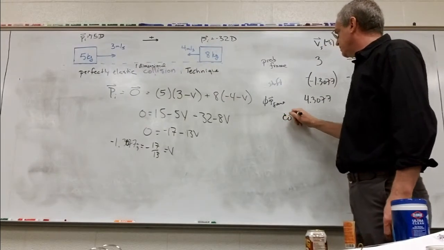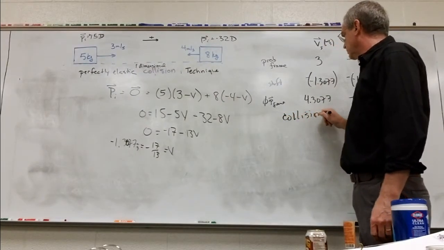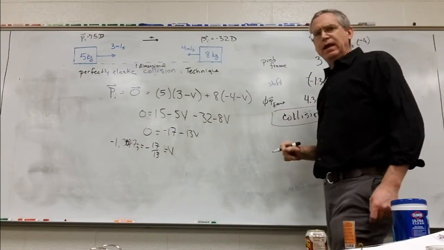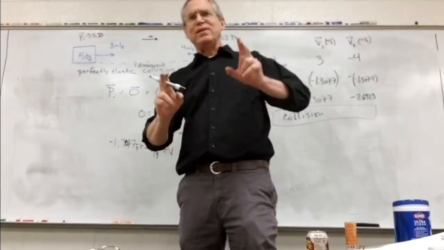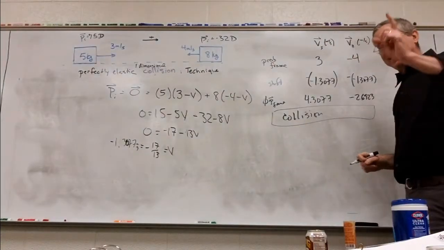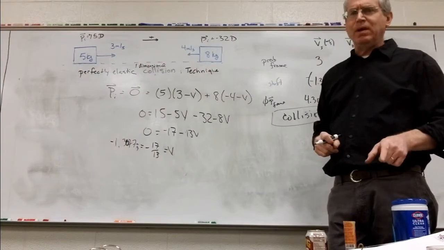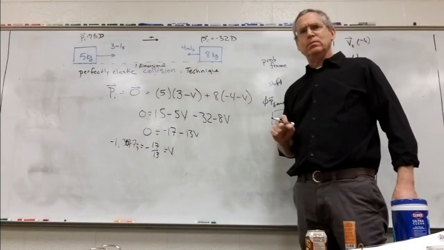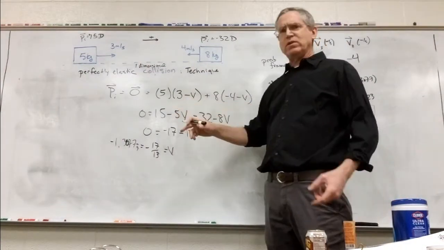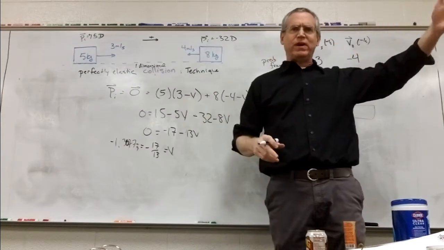Then there's the collision. In the collision, this is where the math is the simplest. I want the kinetic energy to be the same. I want the momentum to also stay the same. Well, my momentum is 0. Think about the equation that it's mass times velocity of one plus mass times velocity of the other.